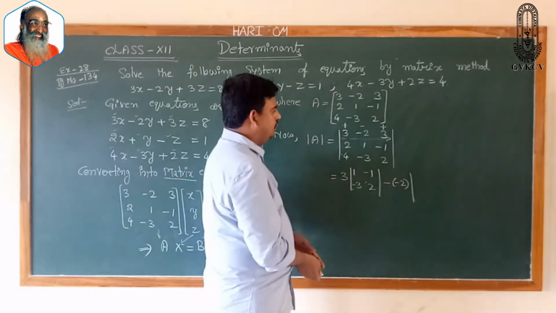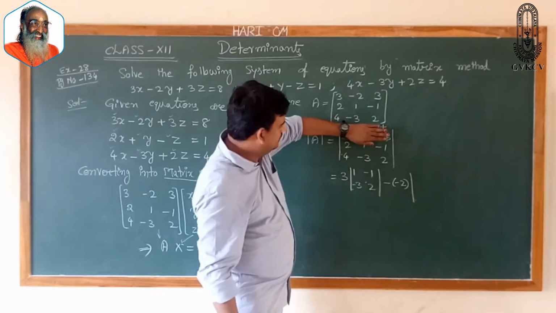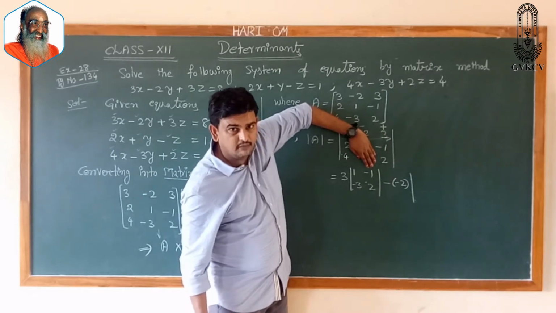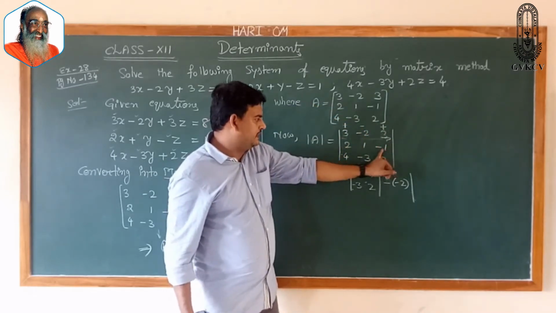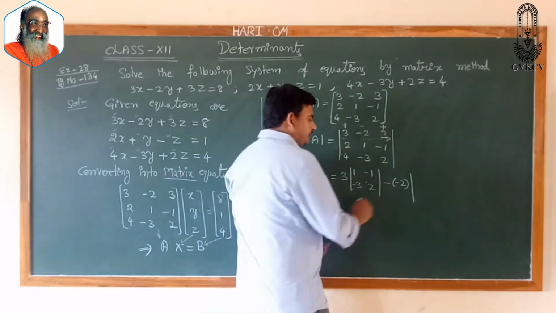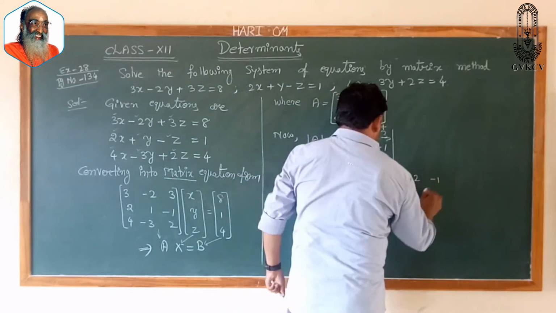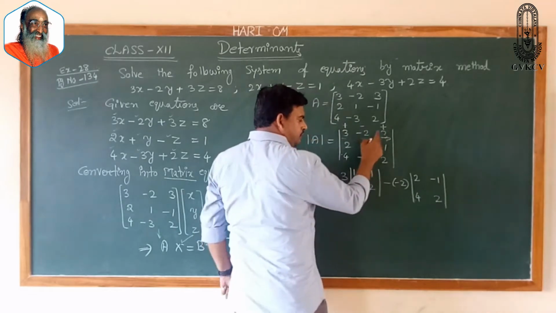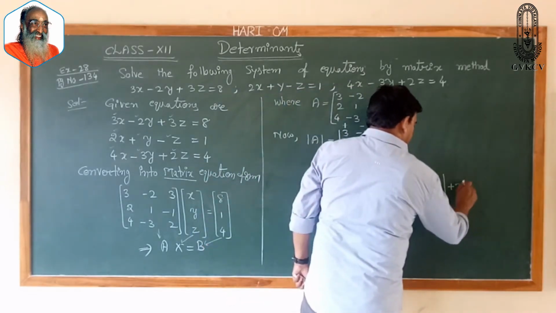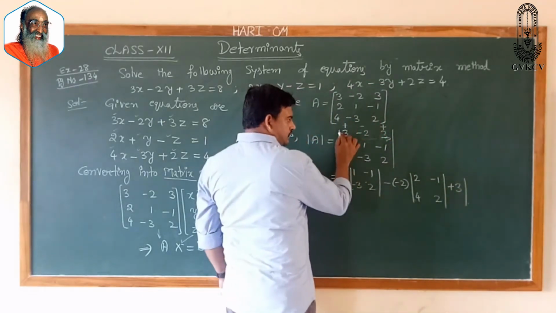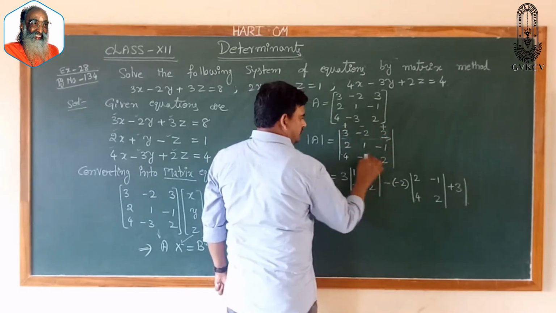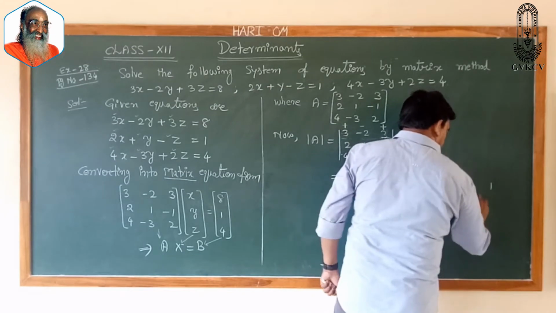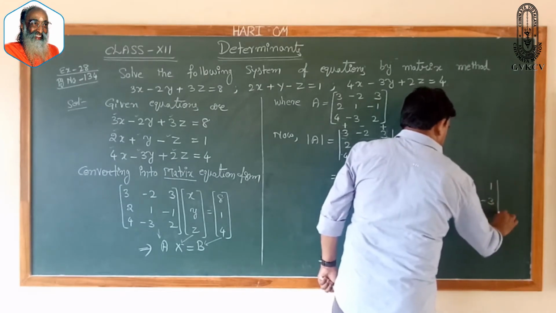Leaving the corresponding row and column, the elements we have are 2, minus 1, 4, 2. Now we talk about plus 3. Again leaving the row and the column, we have 2, 1, 4, minus 3.